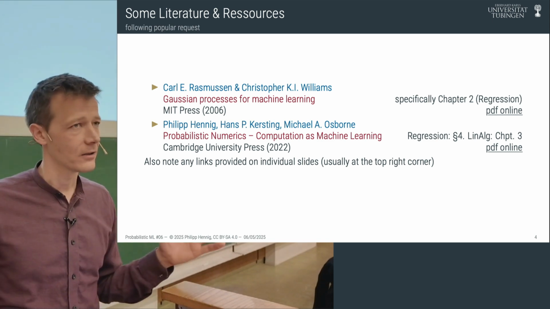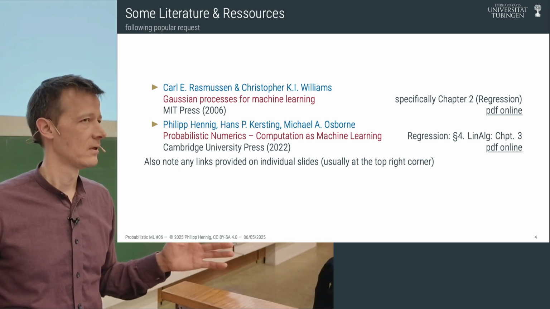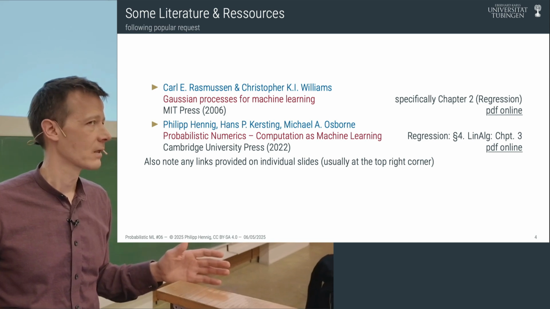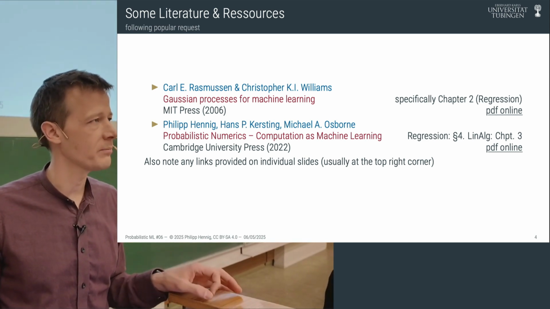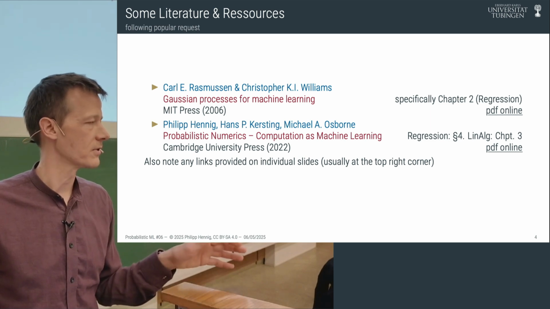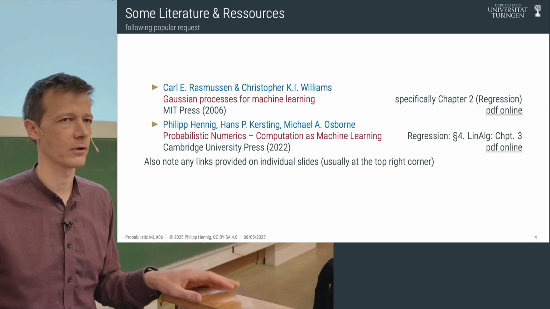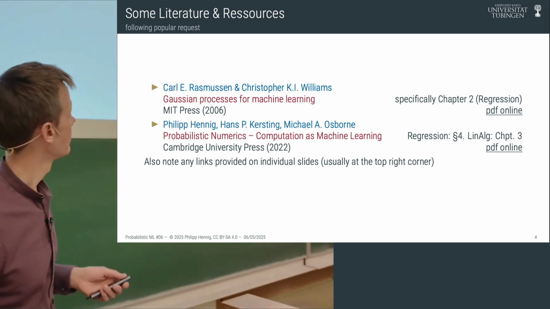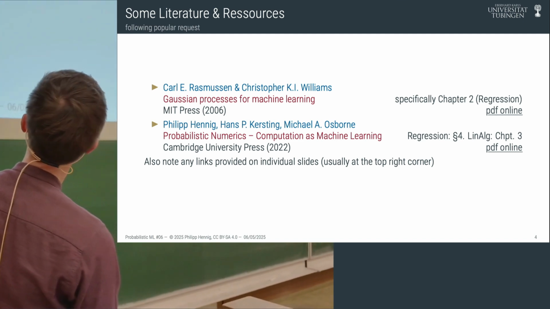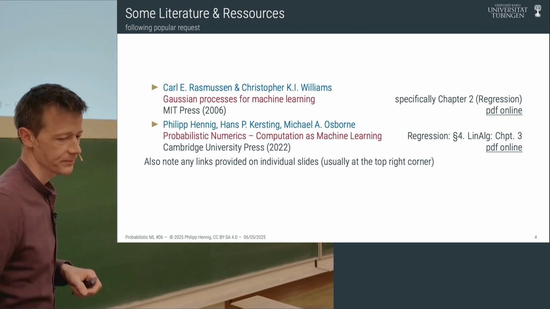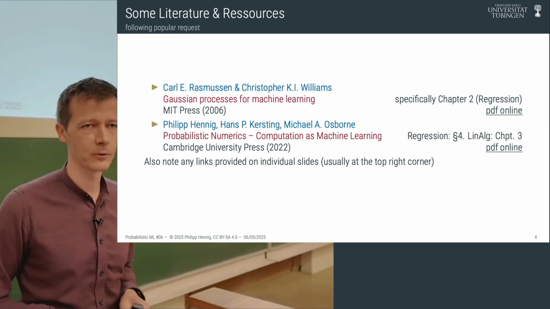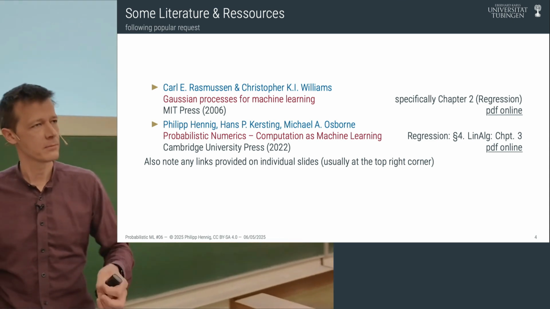There are, of course, textbooks on machine learning, and I could make a longer list here. A particularly good one for the current part of the lecture, not for the whole course, but for these few lectures that we're currently doing, is this wonderful book by Carl Rasmussen and Chris Williams, which is available for free online as a PDF. It's the defining textbook for Gaussian process regression in machine learning.